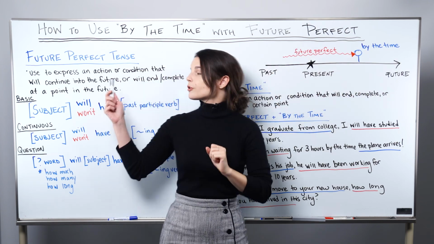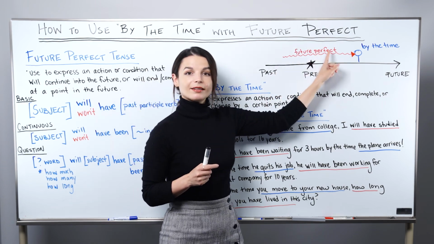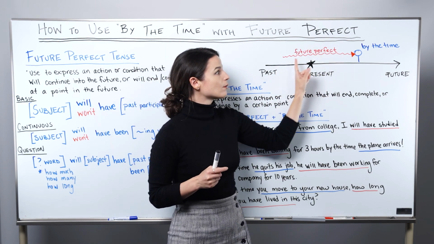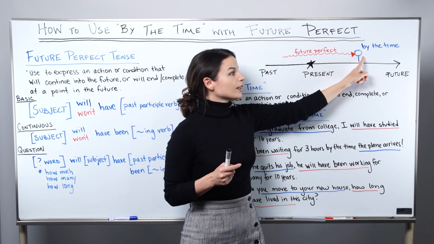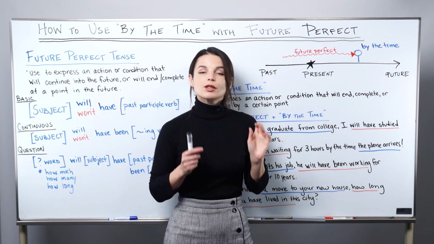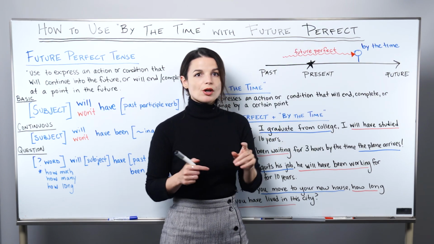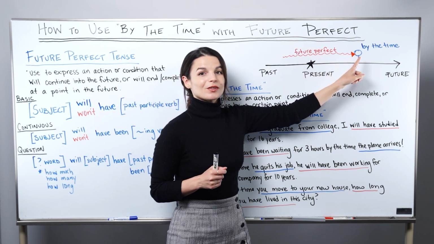So our first grammar point, future perfect tense, is here in red. This wavy line is the future perfect action or condition. This blue point here in the future is the by the time point. So what I hope this shows is that the future perfect action continues, yes?